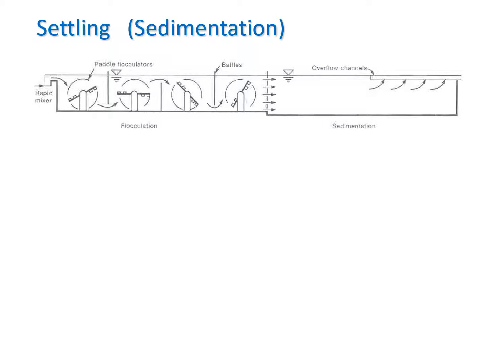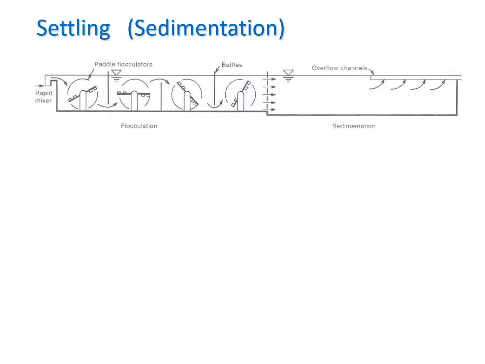From the previous class, we know that the first unit is the rapid mix. After rapid mix, water goes to flocculation tanks. Here you see the flocculators; this is the rapid mix, and then you have the flocculators here. After the flocculators, water enters a sedimentation tank.